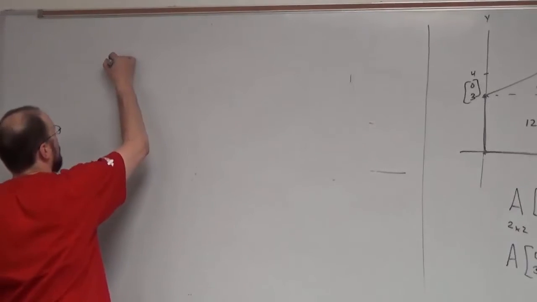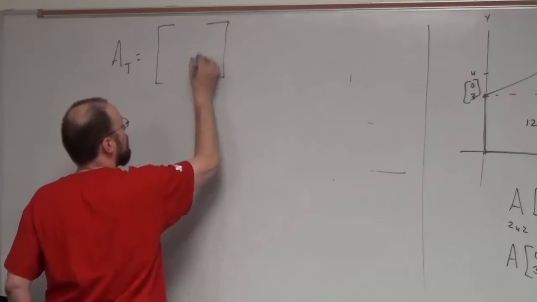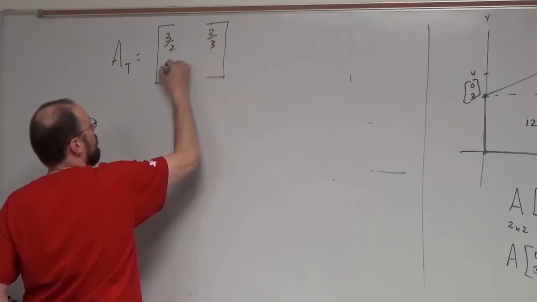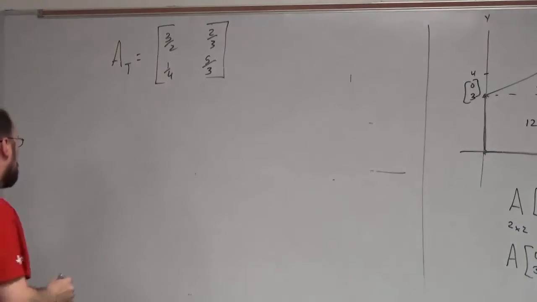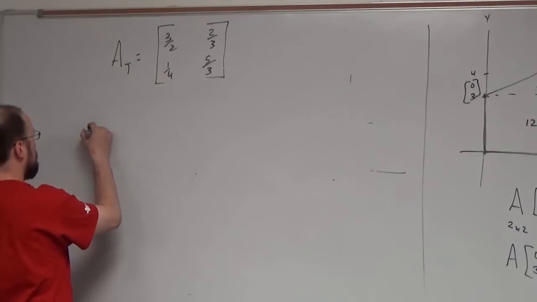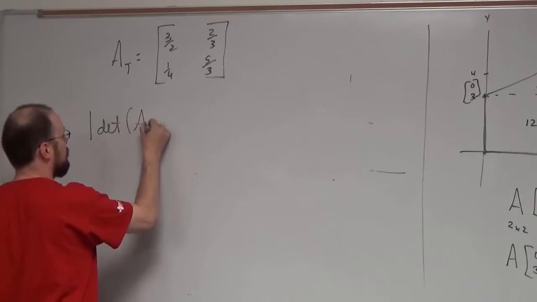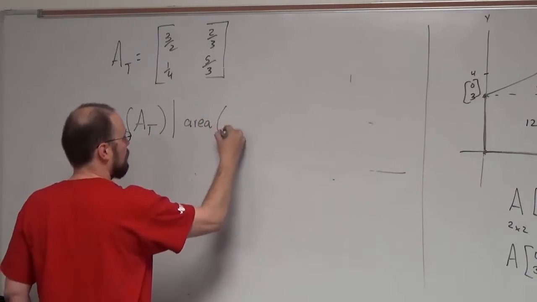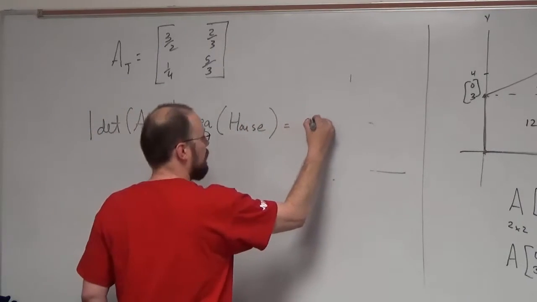Can somebody read that matrix to me? 3 halves, 2/3, 1/4, and 5/3. So then the absolute value of the determinant of this matrix, times the area of the original house, equals the area of the new house.